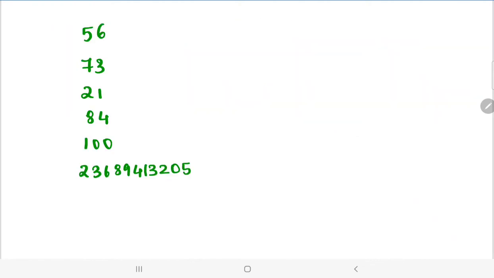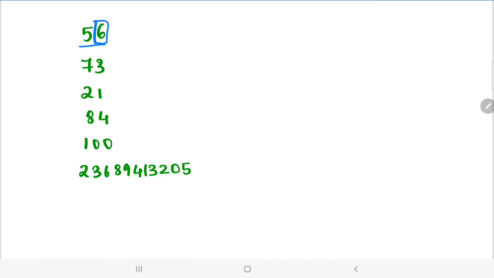So students, now let us take few examples to understand whether a number is even or odd. If we see the first number, we have 56. Students, remember that whenever we are given a number, to find out whether it is even number or odd number, what we have to do is we have to check only its units place.